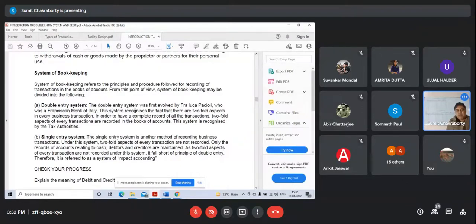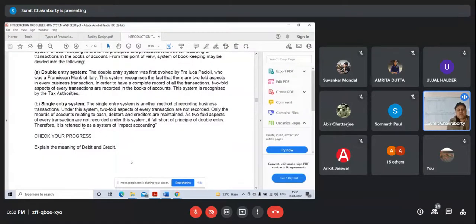The system recognizes the fact that there are twofold aspects of every business transaction. In order to have a complete record of all transactions, the twofold aspects of every transaction are recorded in the books of account, and this system is recognized by the tax authorities. Okay, double entry system. Actually, we follow the double entry system.